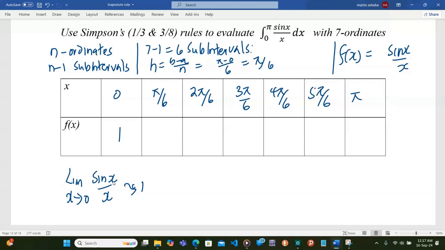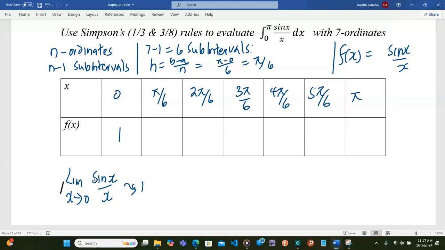If we also substitute in here, we'll find that the sine of this value is reducing to 0, reducing by the same quantity, and therefore that same quantity divided by x will return 1.